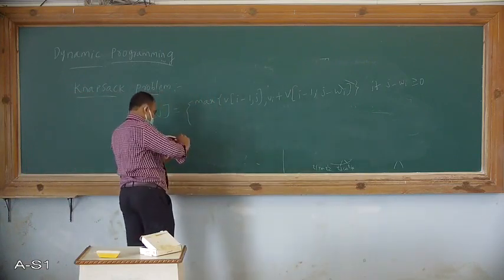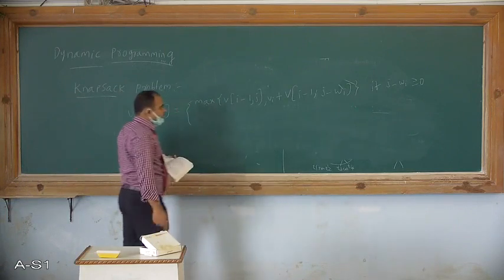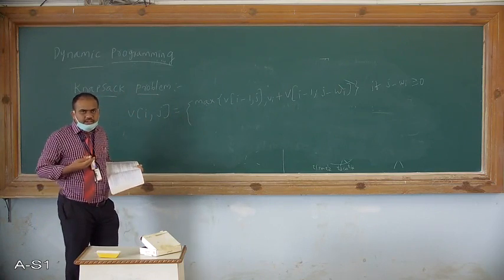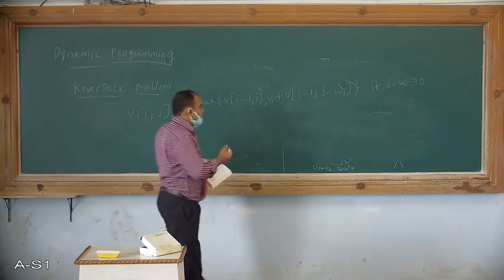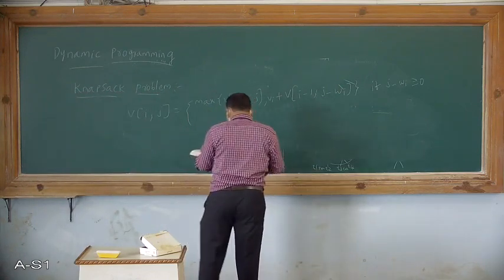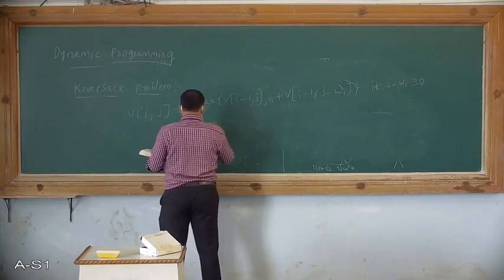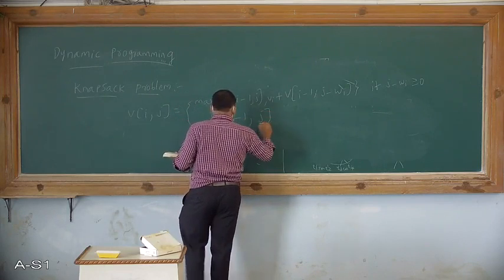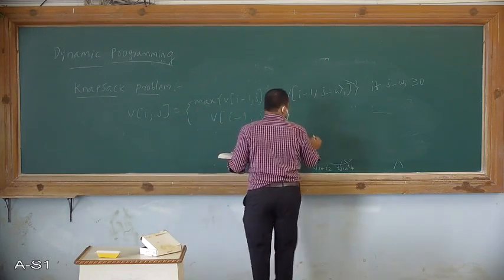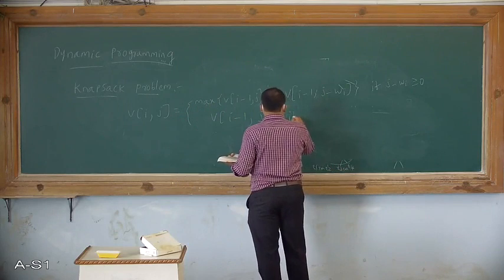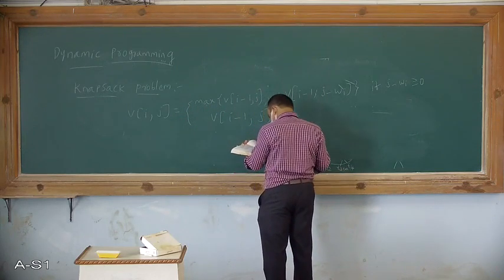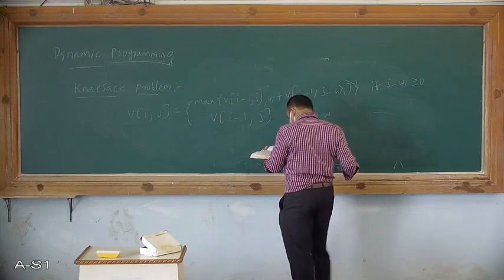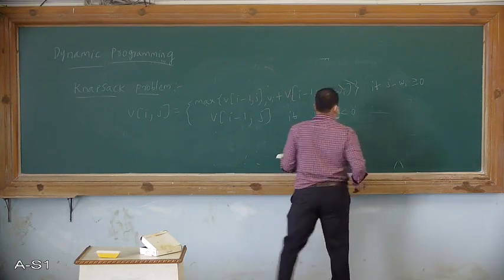So next, we have got the case for j minus wi greater than or equal to 0. Similarly we need to get it for j minus wi less than 0. So for that what we will do is V of i minus 1 comma j, if j minus wi is less than 0.